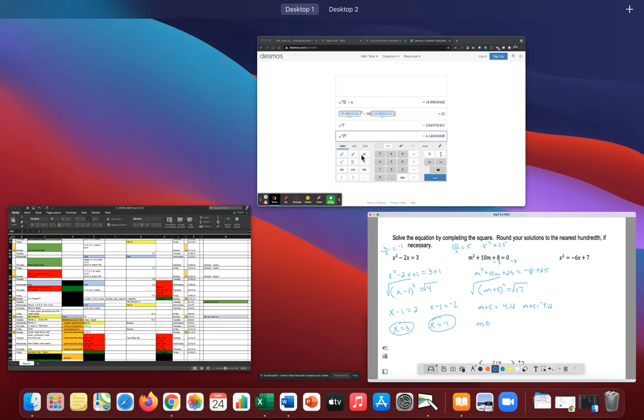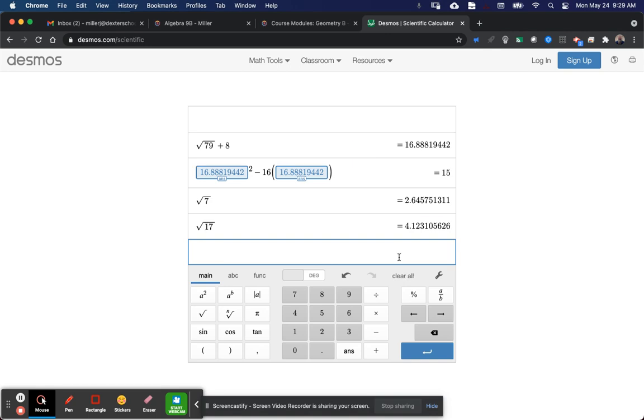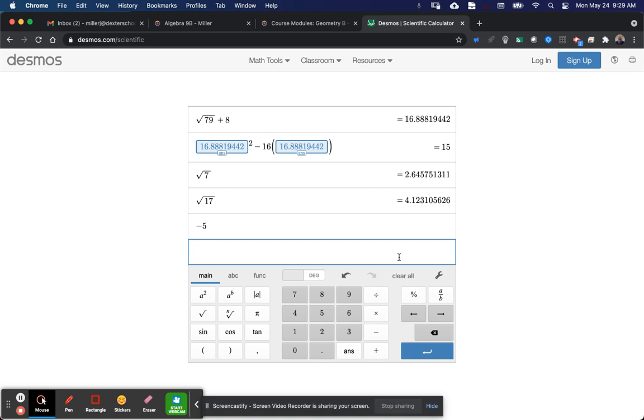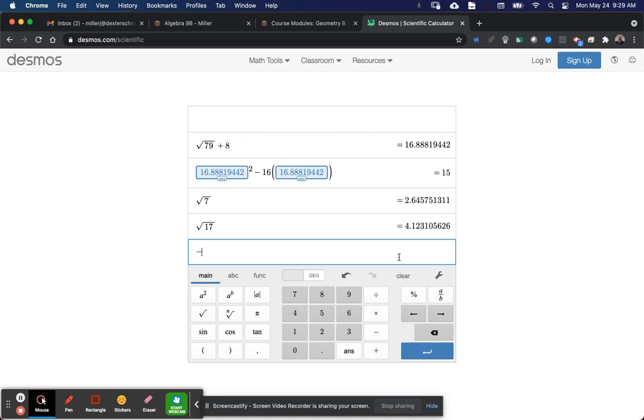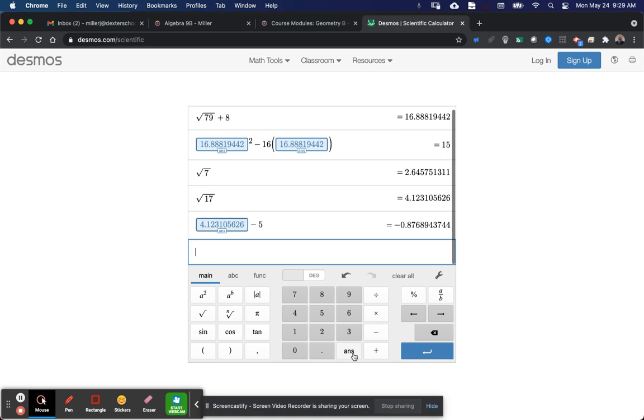I'm going to do that on my calculator here, just to make sure we do it all correctly. So go ahead and enter and then subtract. Oops, not twice. Subtract 5 from that. I forgot to answer. Then subtract 5. So we get a minus 0.876. So a minus 0.88.